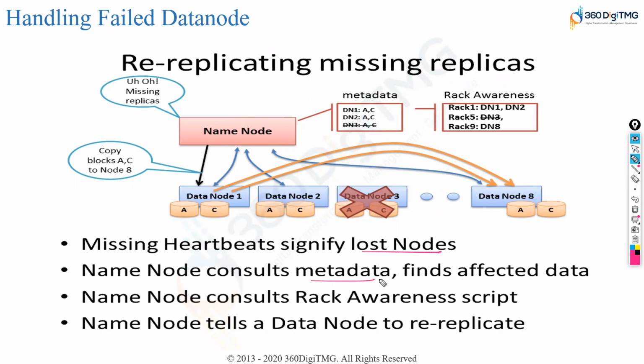Name node consults metadata, finds what data is affected because of this node being down. Then we use the rack awareness script and identify what other node I can use to make the replication. The name node gives the instruction to this data node to copy those blocks into a new node.